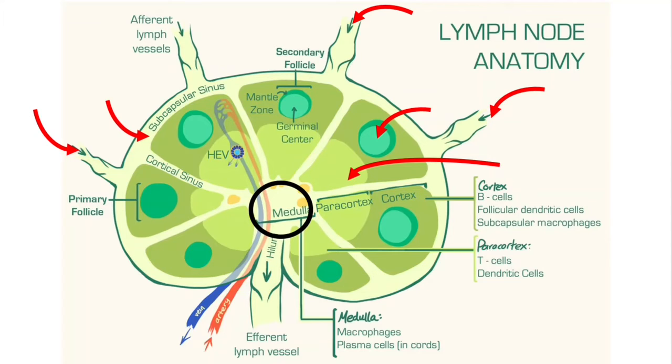If the B lymphocytes and the T lymphocytes have dealt with the bacteria, then there is an interaction, a battle between the two, and the lymph node will become inflamed and become larger. If the bacteria won the battle, then they will come out of this lymph node through an efferent lymph vessel. It is usually one, while the afferent are multiple.